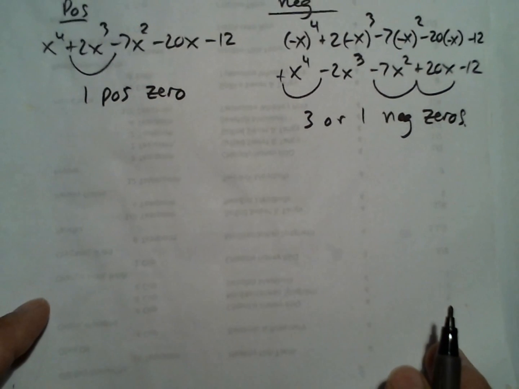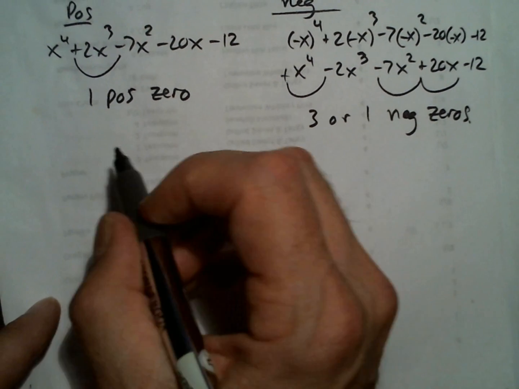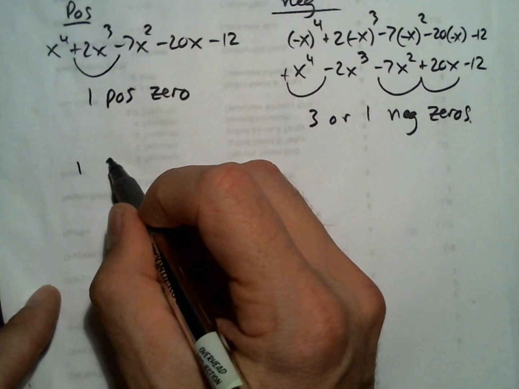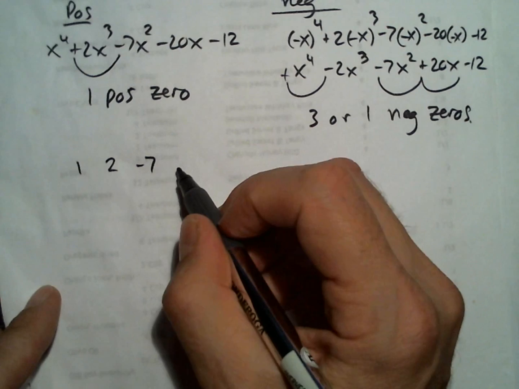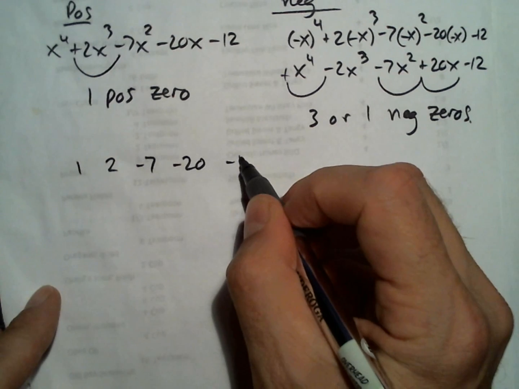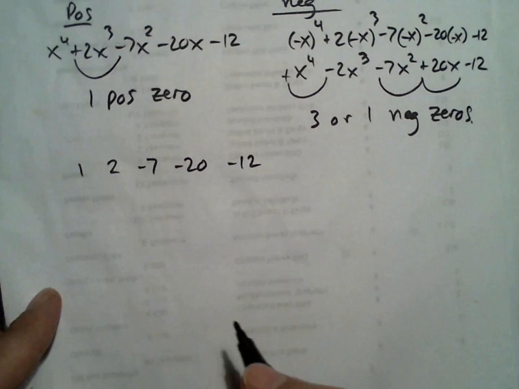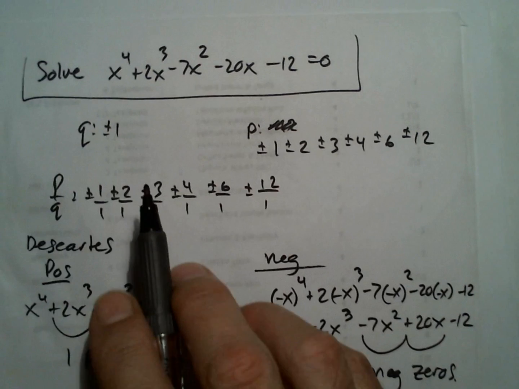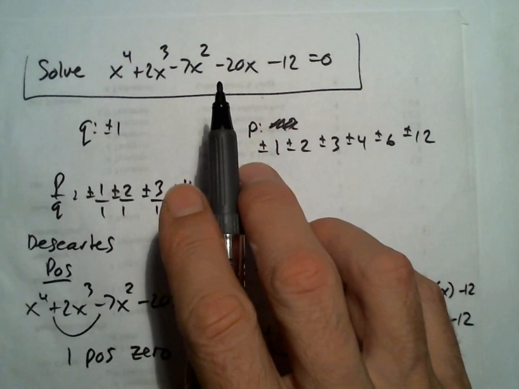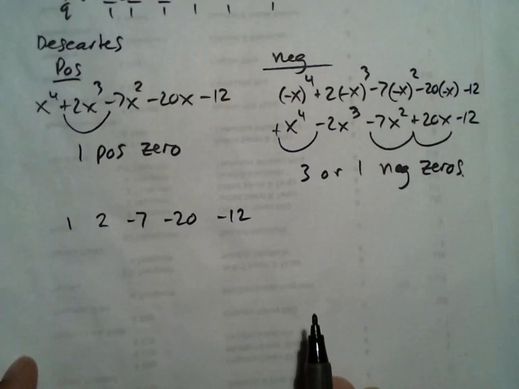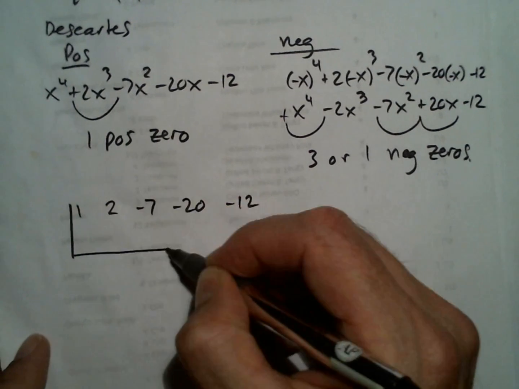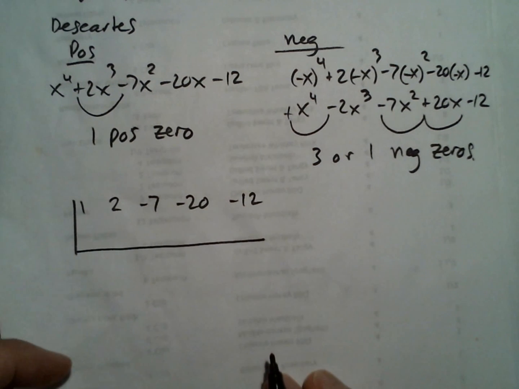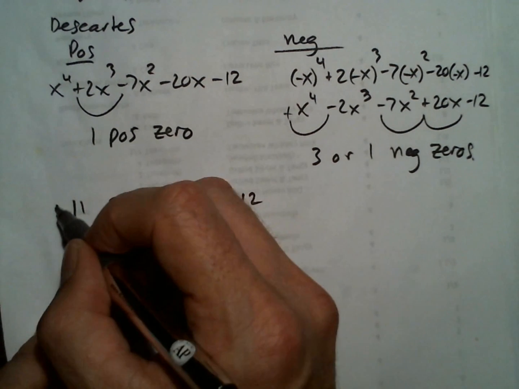And now we can guess. We're taking the coefficients, 1, 2, negative 7, negative 20, negative 12. All right, let's guess 1.